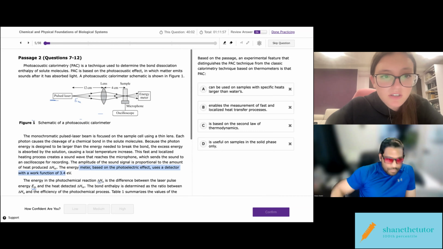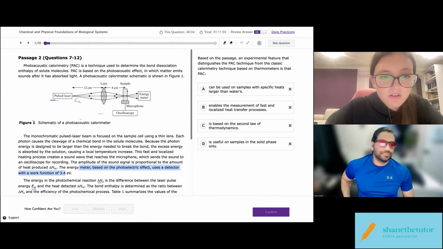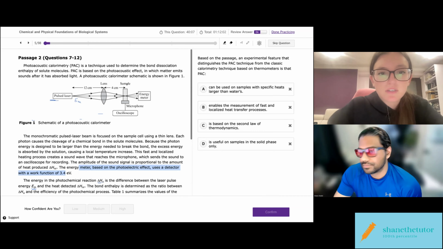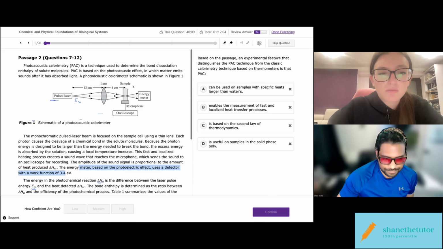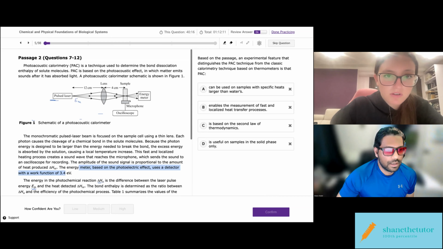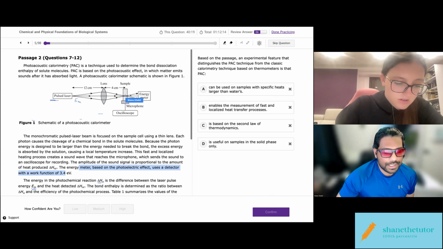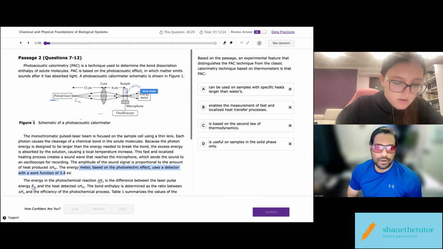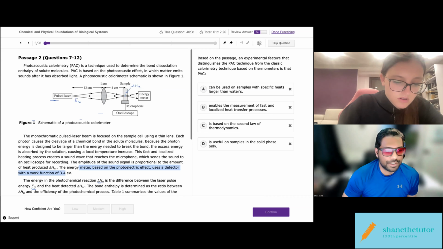The photochemical reaction that would happen in the sample. So over here in the sample, maybe I'll put an arrow there, that's where you're going to have your delta H_U, because that's where you have the solute having its bonds broken.